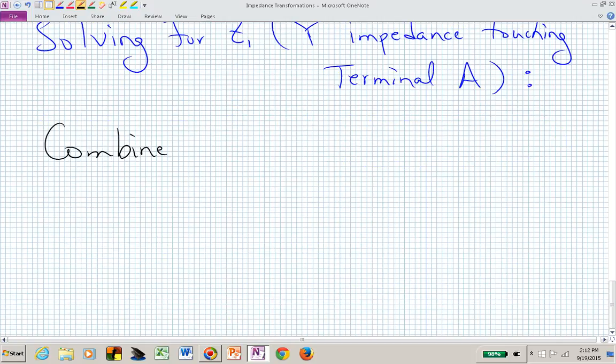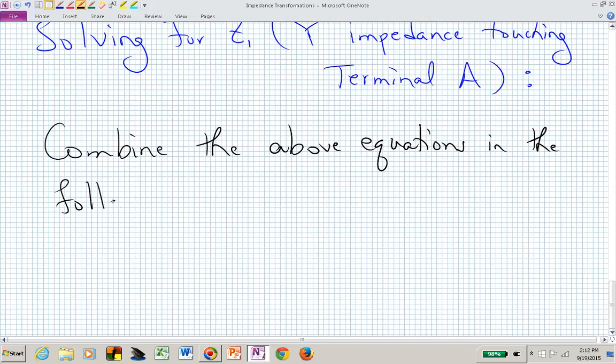That's what I mean by combine the above equations in the following manner.